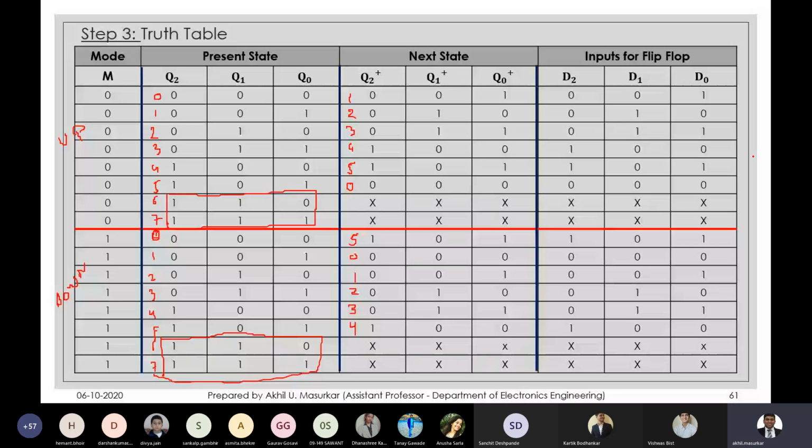So please copy this table and start solving for the four variable K-map. So two inputs will be M and Q2, and on the other side you can write Q1 and Q0 and start filling the K-map. Okay, so first write this table and start filling the K-map. Any doubts in this particular table, please unmute and ask.